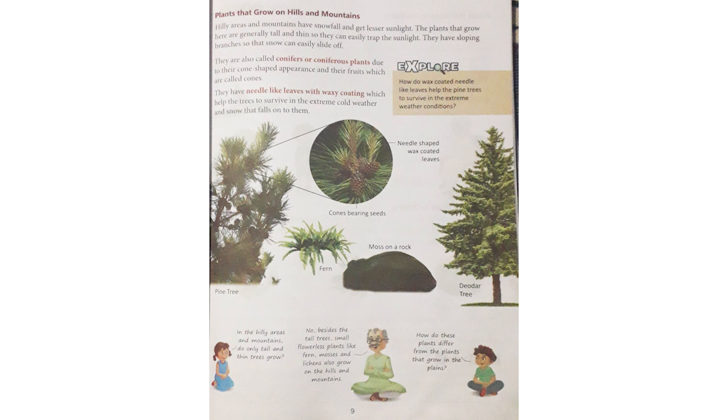As you can see in the picture, this is a pine tree and there are cones bearing seeds, and needle-shaped wax-coated leaves. Ferns, moss and deodar tree are also seen here.